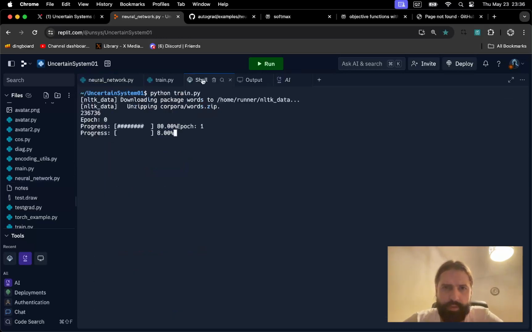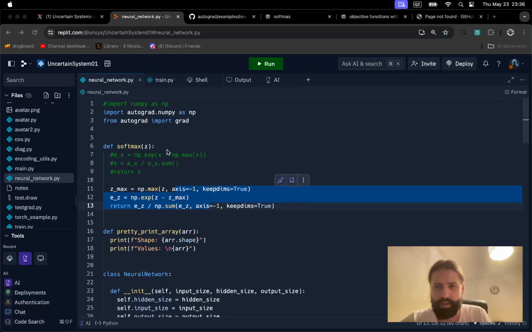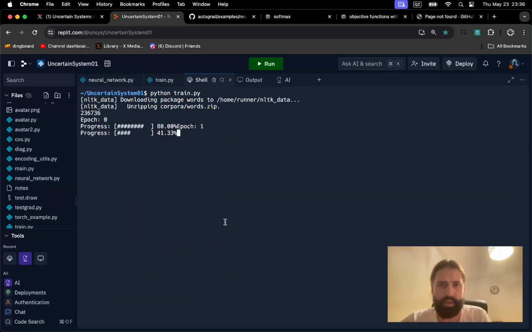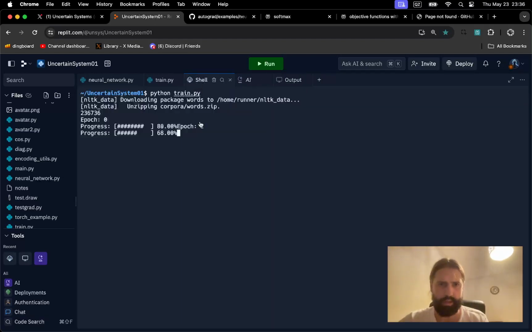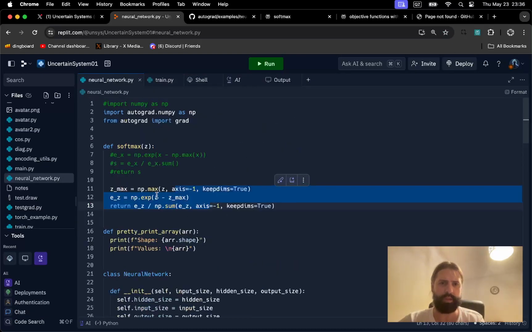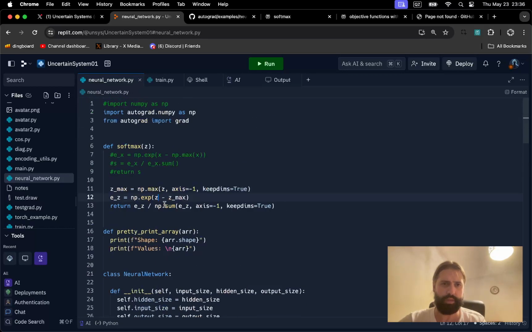If it makes a difference, I would be pleased, because I just don't understand why it would. But let's see what happens. I guess we have to open the output tab. We've only got 3 epochs, but we should see it in here. It's got to be something with the softmax and its stability.